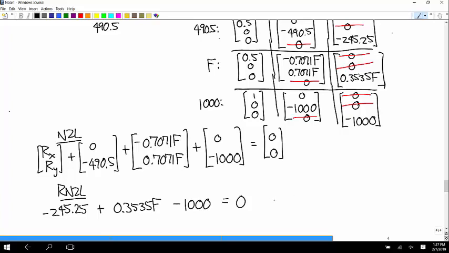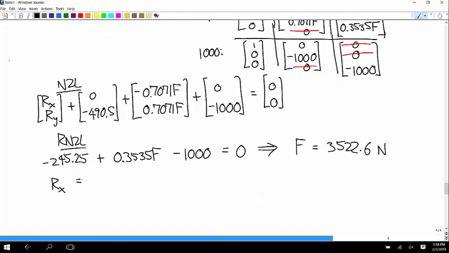And so can someone calculate what F is from the moment equation? Okay. And then Rx is 0.7071 times that.